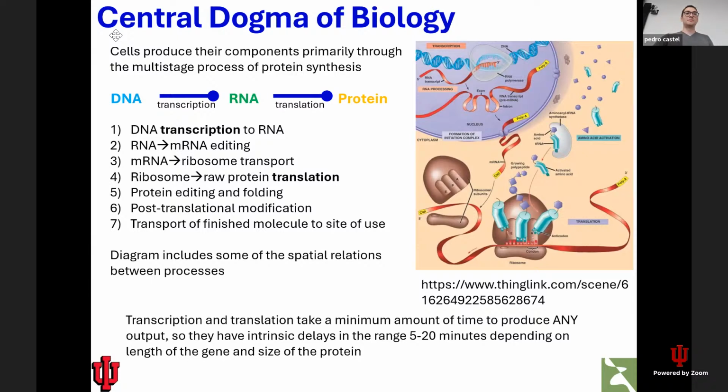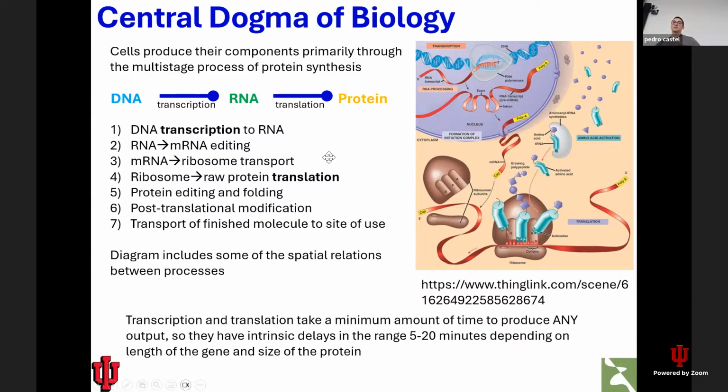Now, to jump to the gene regulatory network, we'll talk a little bit about some basic biology again. So if you're not familiar with something I'm saying, please feel free to interrupt me. So what is the central dogma of biology?